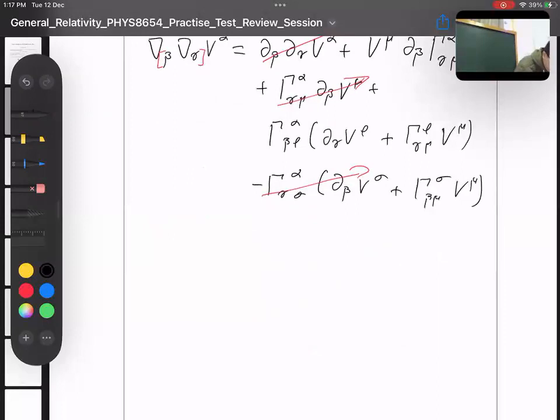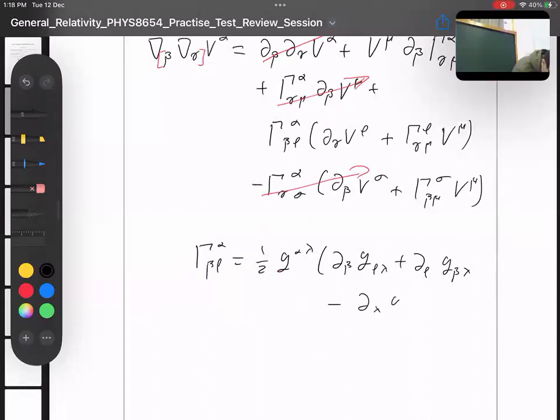So remember the definition of the Christoffel symbol is this, a half T alpha lambda, partial lambda, partial beta, T rho lambda plus partial rho T beta lambda, and you subtract partial lambda T beta rho, right?